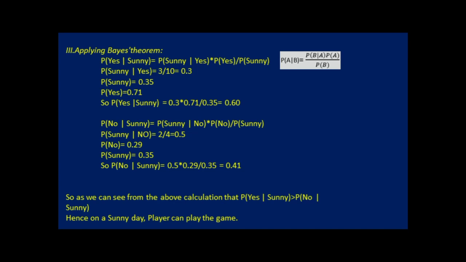Likewise, we can apply our original data set to the naive Bayes algorithm. For the sunny weather condition, can we play or not? For sunny yes, the probability is 0.60. For sunny no, the probability we find is 0.41. So from the calculation, in the sunny season, we can play.